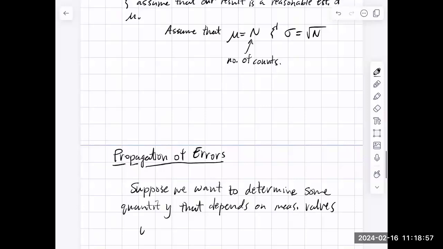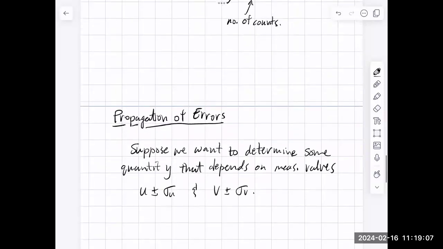Let's say u plus or minus some uncertainty in u and v plus or minus some uncertainty in v. So the question is, if y is equal to a function of u and v, what is the uncertainty in y?